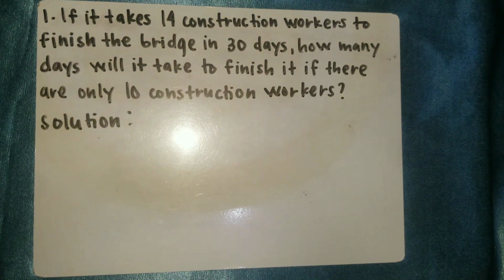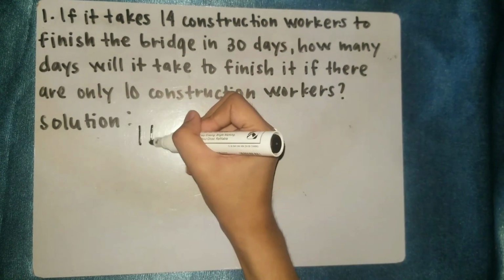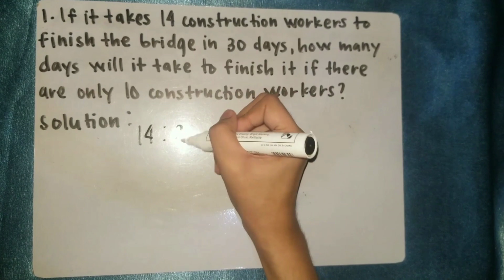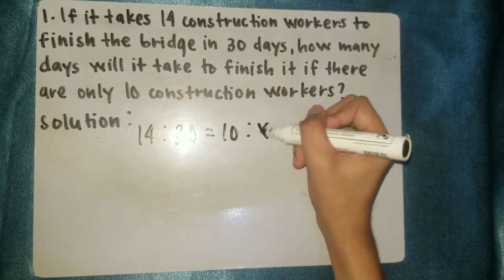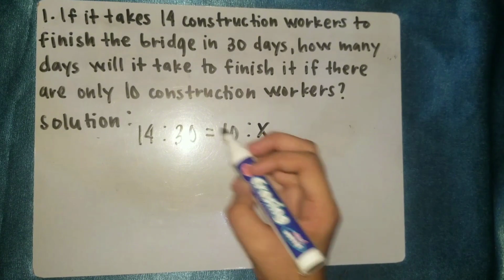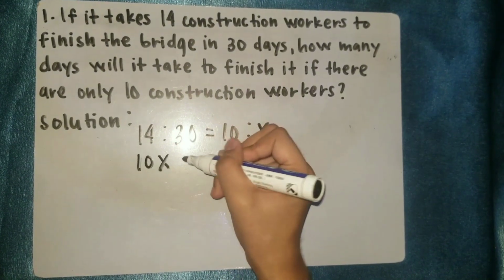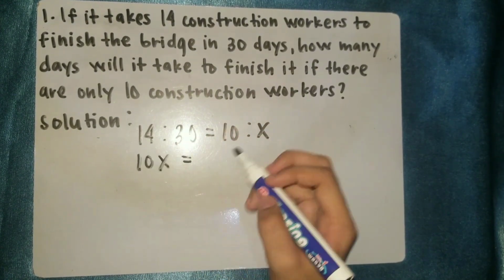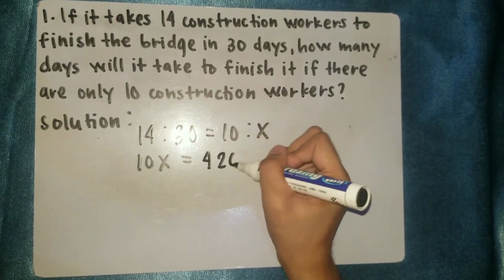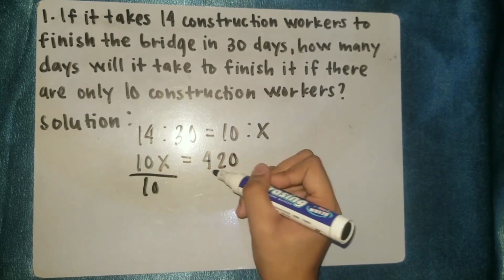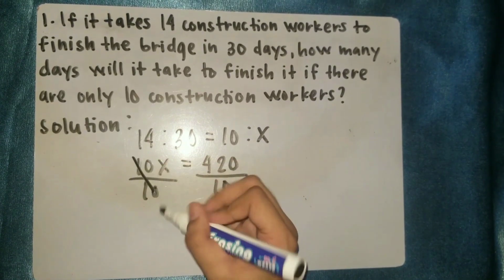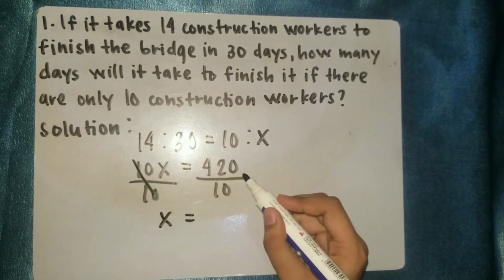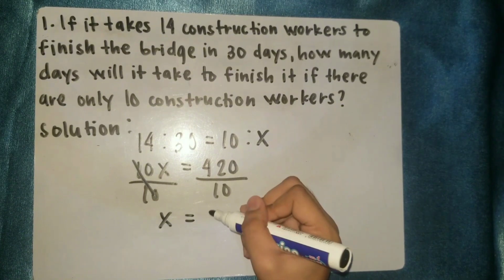The ratio of this problem is 14 construction workers is to 30 days equal 10 construction workers is to x. 10 times x equal 10x. 14 times 30 equal 420. Divide 10 by both sides. 10x divided by 10 equal x. 420 divided by 10 equal 42.